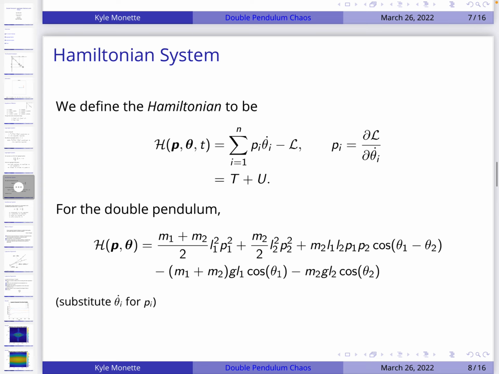So pretty similarly, we define the Hamiltonian to be a function of the generalized momentum and theta, and t, although there's no explicit dependence on t, to be the sum. And we can show that for most systems, this is T plus U. So we had T minus U before, now we have T plus U. And this is true because it's a conservative system, and there's some details there. So this gives us our Hamiltonian.